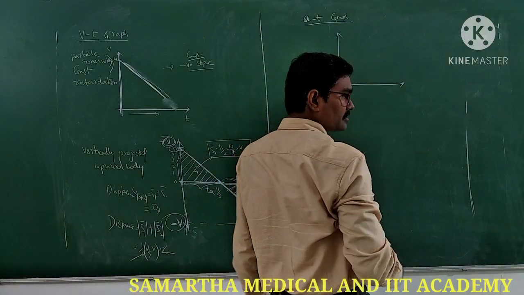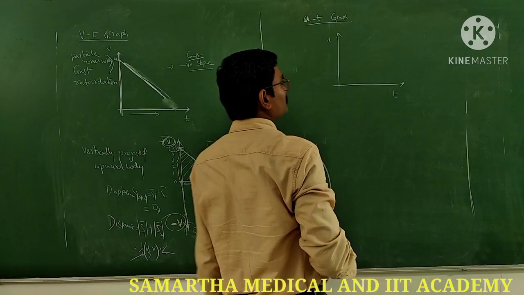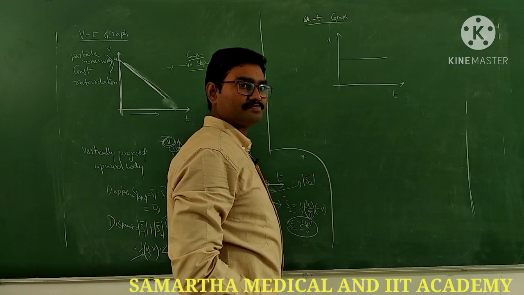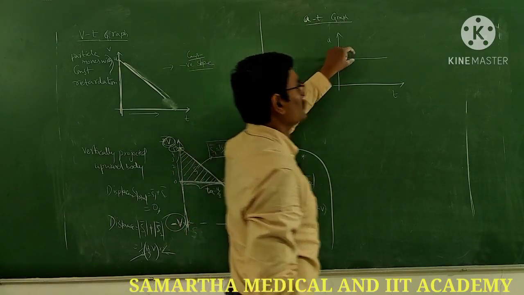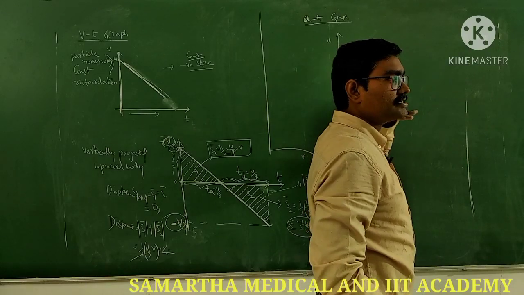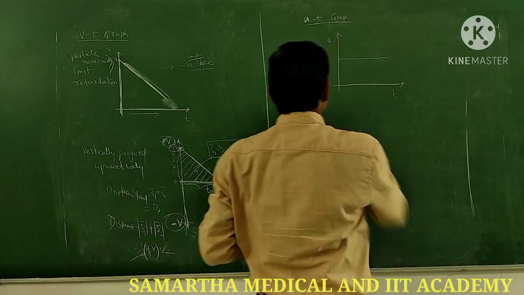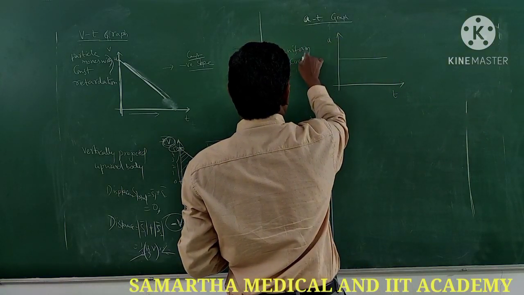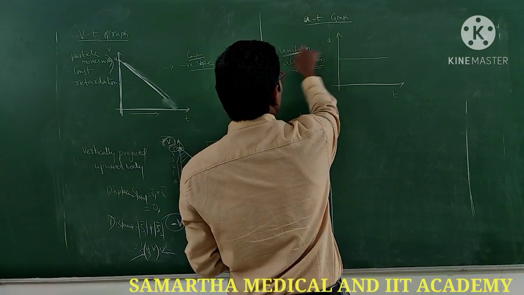Constant or uniform acceleration, acceleration time graph. If a particle is going with constant acceleration, you will get a line like this. Acceleration remains the same, 2 meter per second square. As time changes, it is steadily going with uniform acceleration. This represents uniform acceleration. The particle is moving with uniform acceleration.